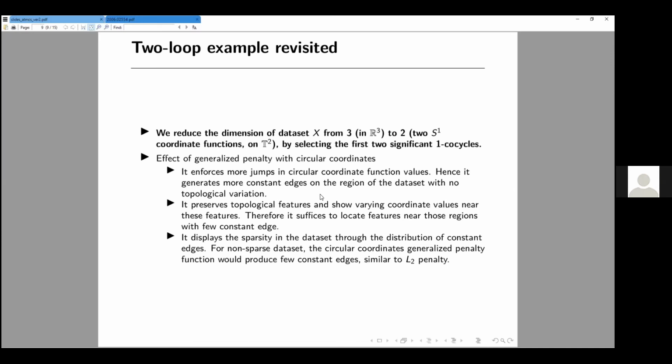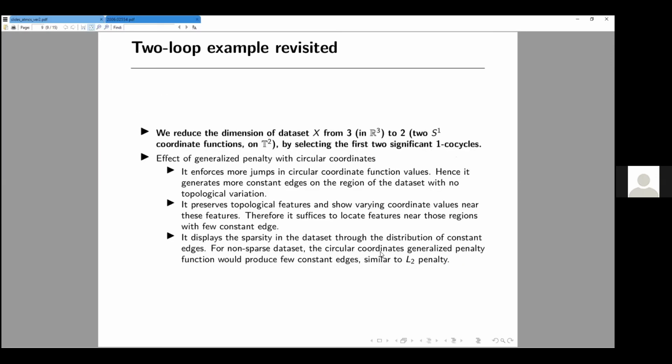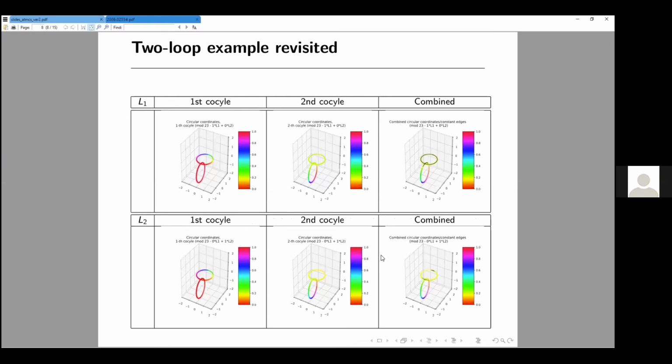For the first and second points, let's look back at the 2-loop example. We do see a lot of concentration of constant edges in L1 penalized circular coordinate functions compared to the L2 case. So that's where the first point comes from. And also, it preserved the topological features.